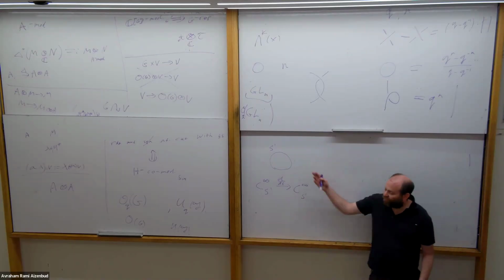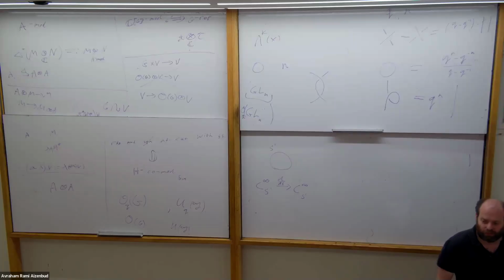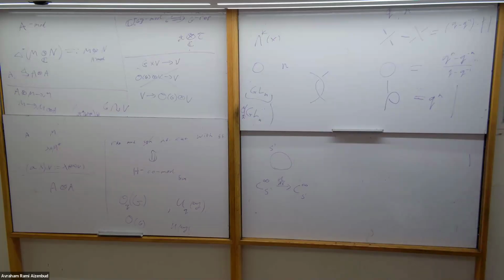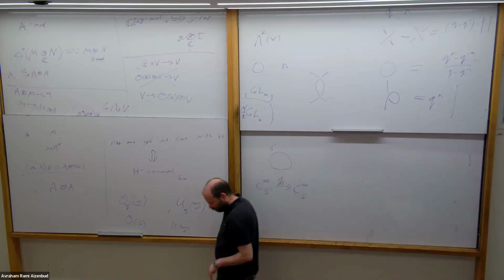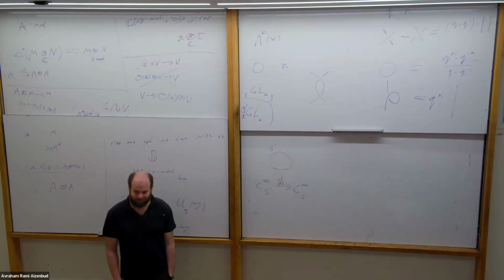Okay, what are functions on the circle? If you want to discuss it in a first-year course, what would you say instead of saying function on the circle? Periodic function. So let's reframe my question in terms of periodic functions.